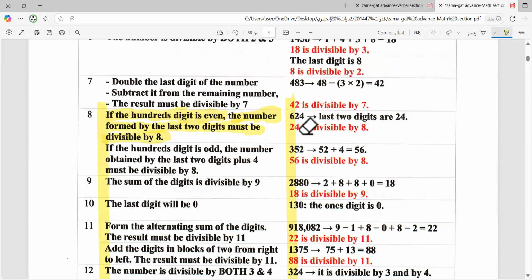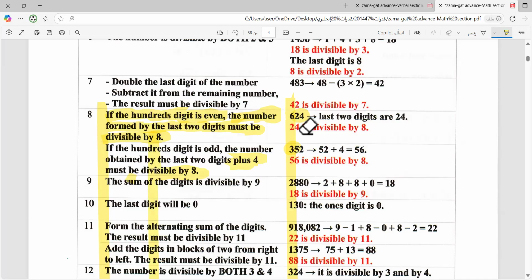So 24 is divisible by 8. If the hundreds digit is odd, like 3, the number obtained by the last 2 digits plus 4 must be divisible by 8.